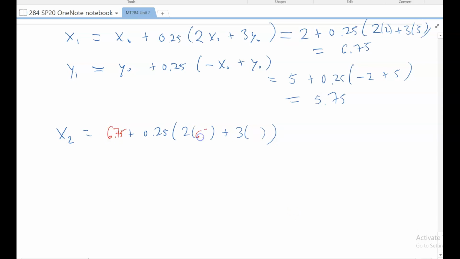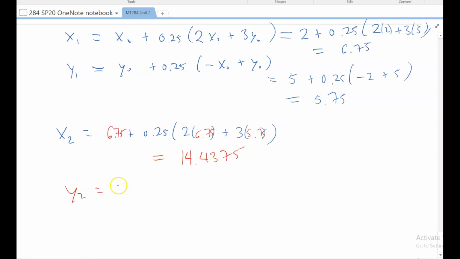Put that here and here. Our previous y value was 5.75. We're going to put those in, and then just crunch the numbers. If you work this all out, it's going to come out to 14.4375.